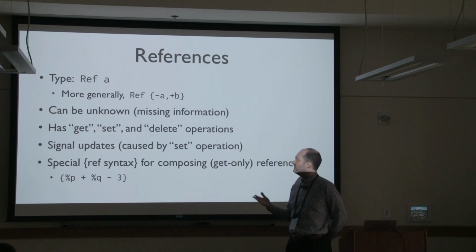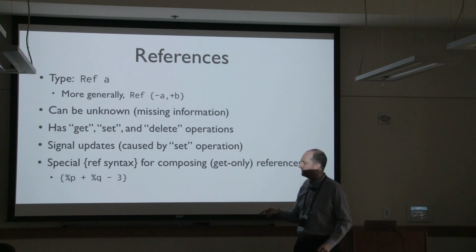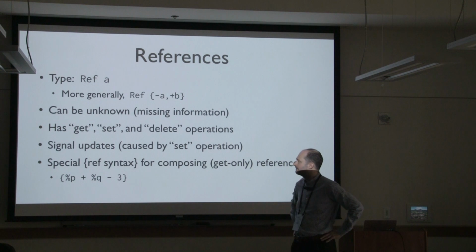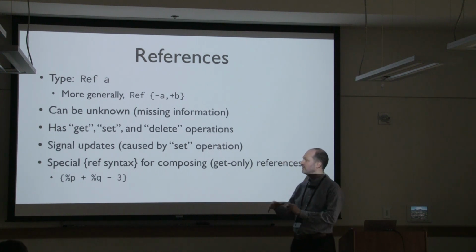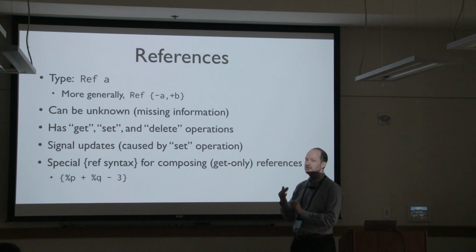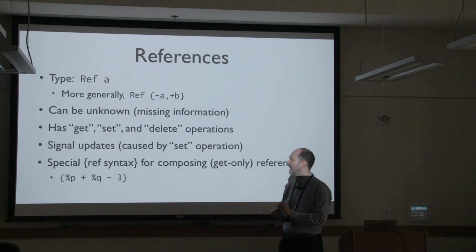References have get, set, and delete operations. Delete tries to remove the information to make it unknown. But they can also signal updates. So when we're building user interfaces attached to references, and the reference changes in some way, then it'll signal an update to any user interface that's attached to it.